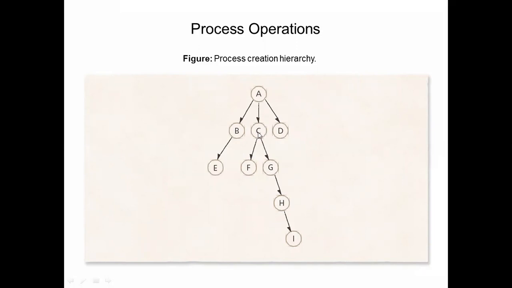Now BCD became the parent processes, and F and G are their children. Again, G became a parent process, and we create H and I as child processes. This is called the hierarchy for the process operation.